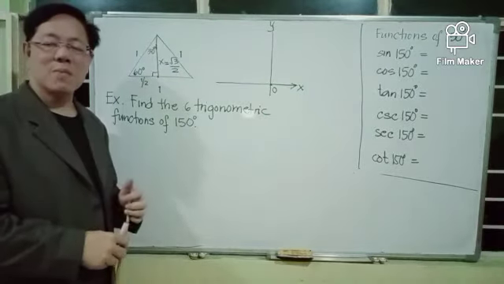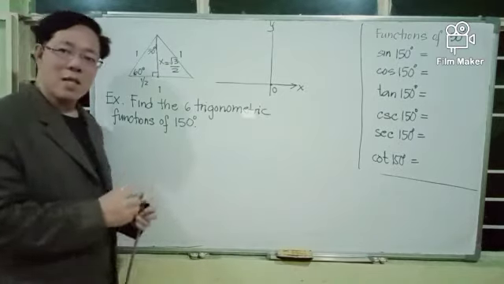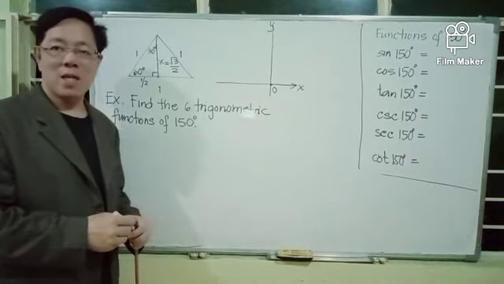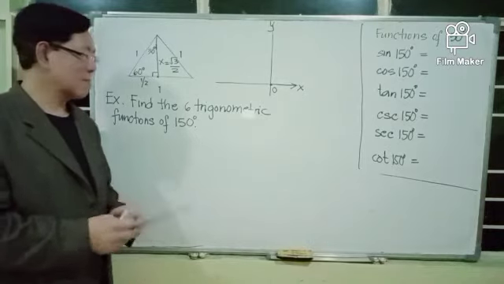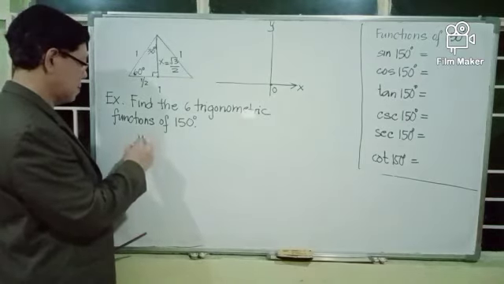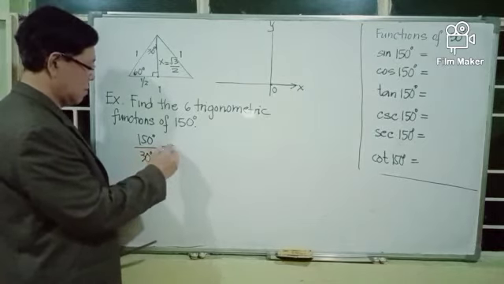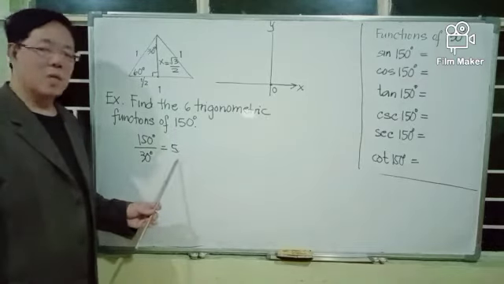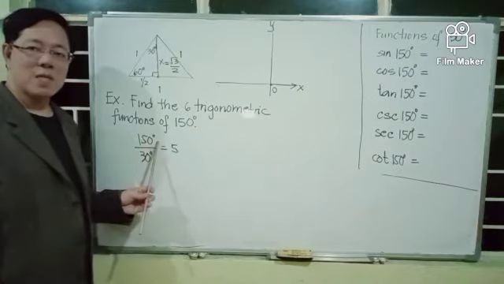150 is a multiple of 30 degrees, which means that 150 degrees is exactly divisible by 30 degrees. We divide 150 by 30 to find how many 30-degree angles are contained in 150 degrees. 150 degrees divided by 30 degrees equals 5, which means that there are 5 30-degree angles in 150 degrees.